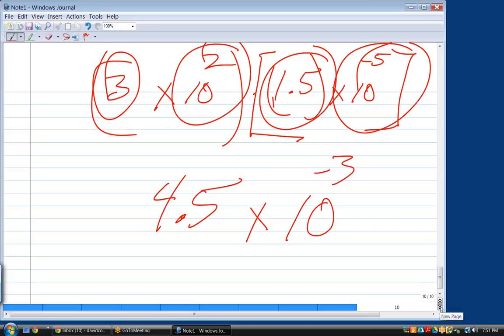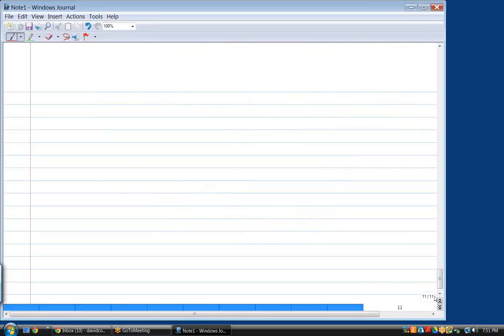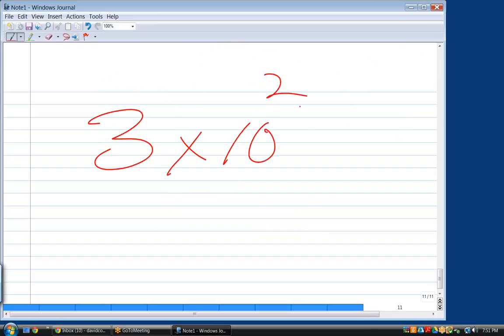Now, let's talk about scientific notation for a moment. What does this mean? 3 times 10 to the power of 2. What's 10 to the power of 2 equal to? 10 times 10, 100.